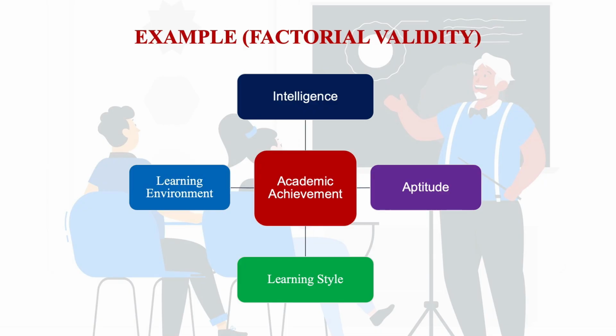So here, as an example in factorial validity, so far as academic achievement is concerned, what are the different factors of academic achievement? So here you see intelligence is one of the factors for good academic achievement. Aptitude is also another factor. Learning style is also another factor, and learning environment is also another factor. So all these four factors contribute to the validity of a tool.